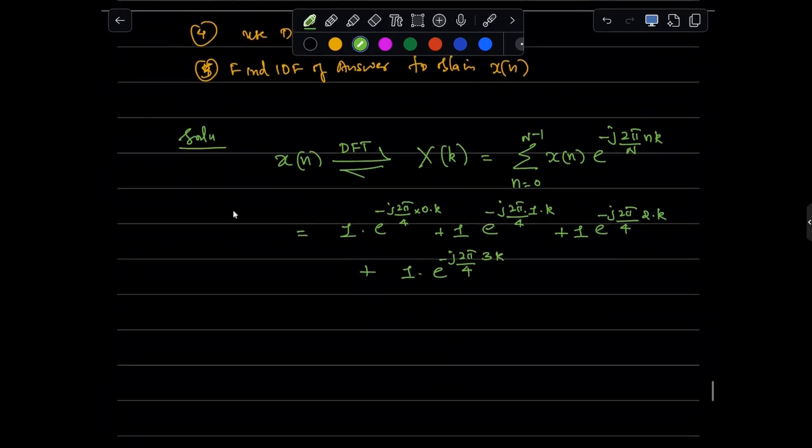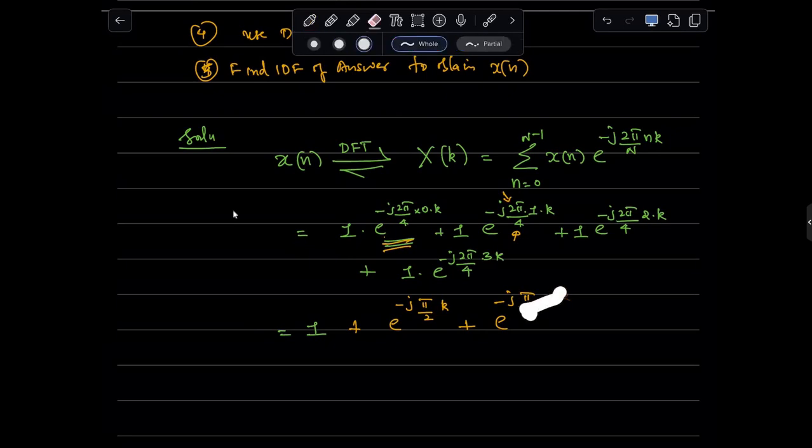Now you see, this is the first part, this is 1, and you know that this is 0. So 1 plus e power, you see there is a 2 here, then there is a 4 here. So this will become e power minus j pi over 2 into k plus e power minus j pi over 2 into 2k, but the 2 will cancel.